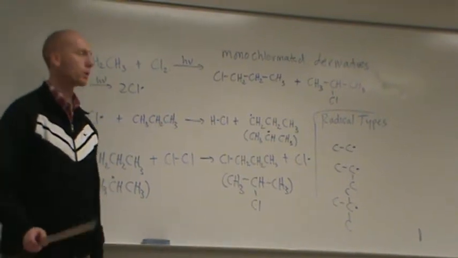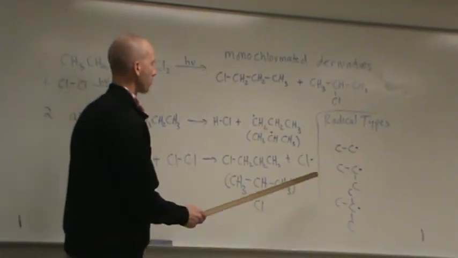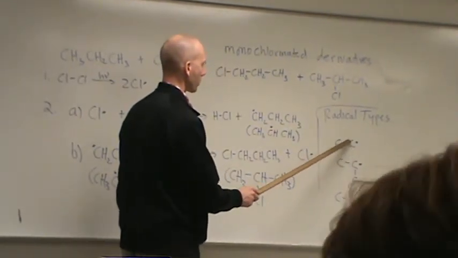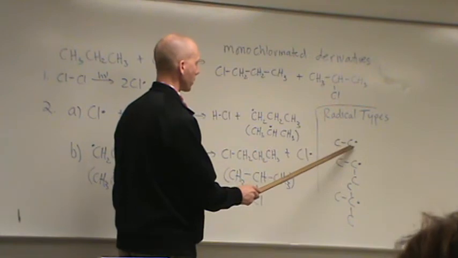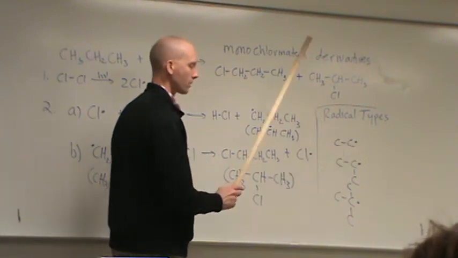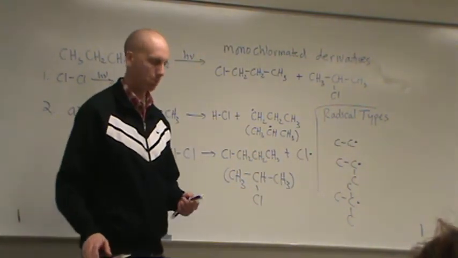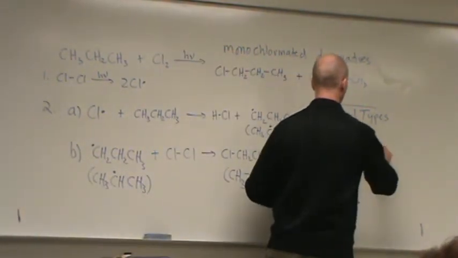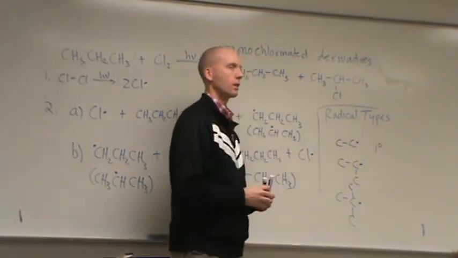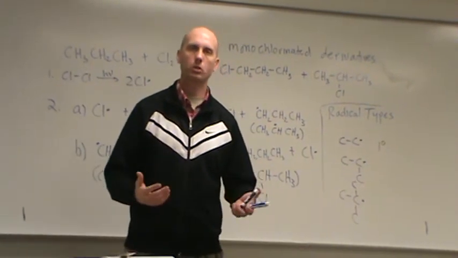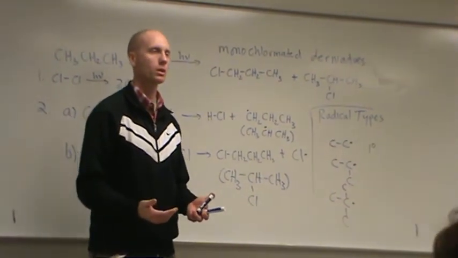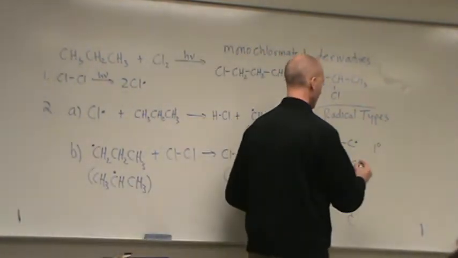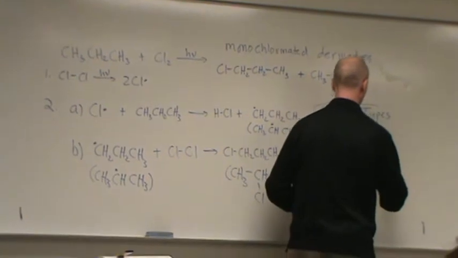Okay, so we have three different kinds of radicals. Note this carbon has the radical. How many carbons are on that? One. So what do you think that radical type is? A primary. Okay? Just like we can have carbon types, same thing, radical types. So there's a primary radical. What do you think the next one is? Secondary radical.